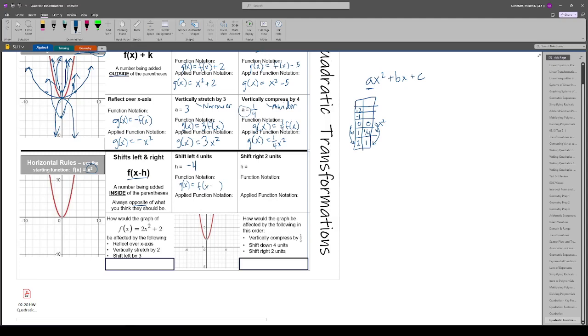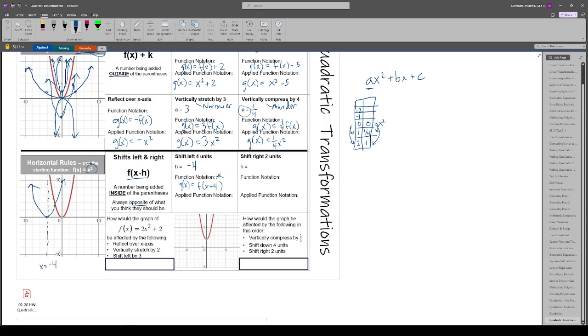When we write our function rule, we see x plus 4. So this is the step where it becomes backwards. The h value is still -4. If you think about our axis of symmetry, once we move left 4 units, we're going to be right here. And our axis of symmetry, which is h, is at x equals -4.